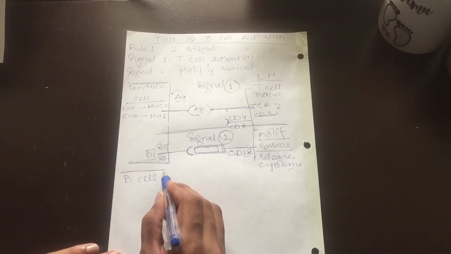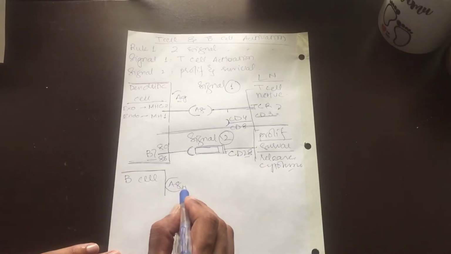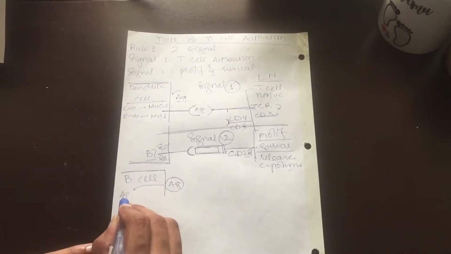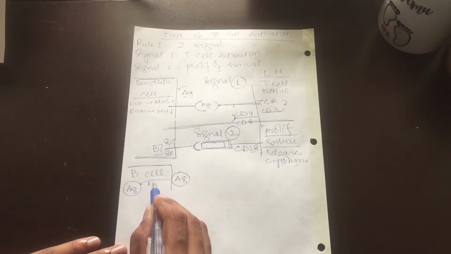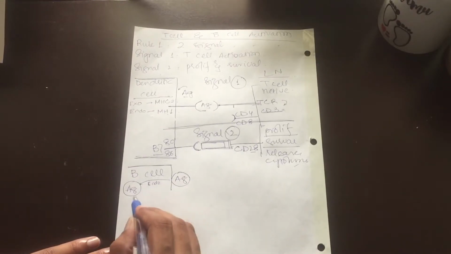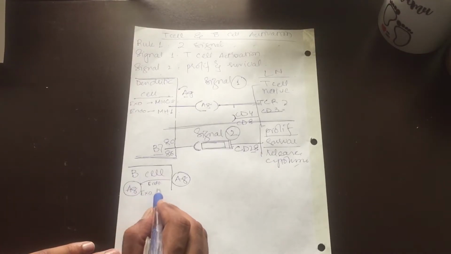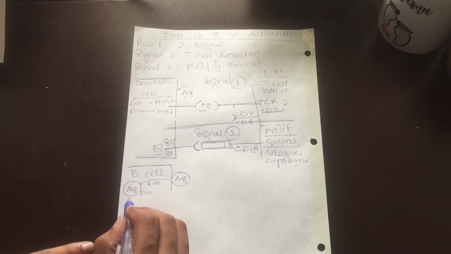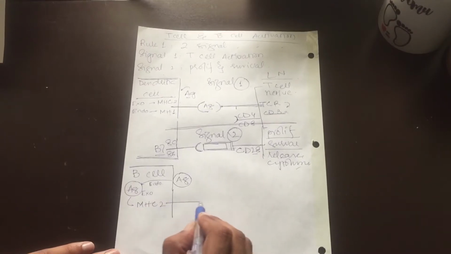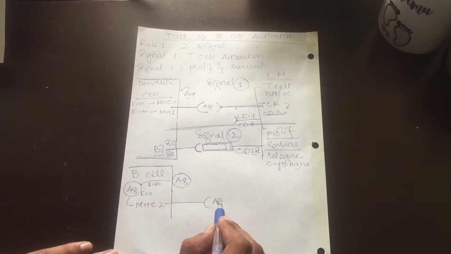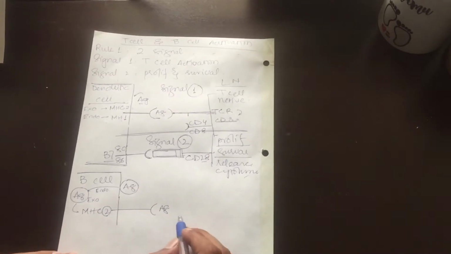In the B cell, the antigen is endocytosed into the endosome, so this is an exogenous antigen. This leads to the expression of MHC 2, and the antigen is expressed on the MHC 2 receptor of the B cell.